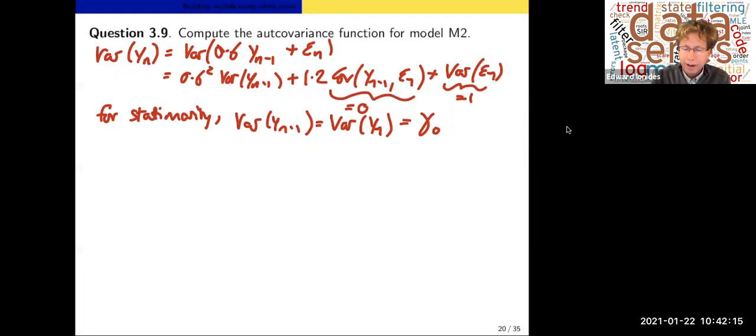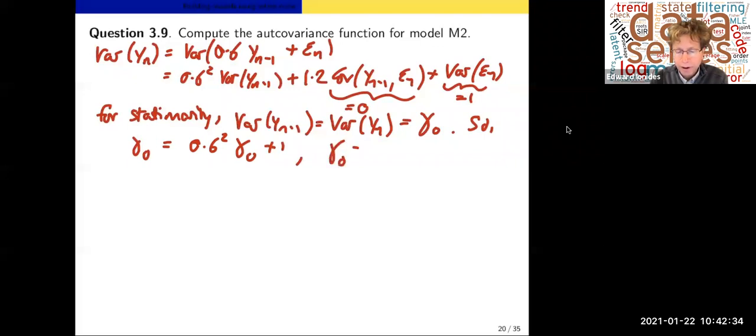And so then I get gamma 0 is 0.6 squared gamma 0 plus 1.